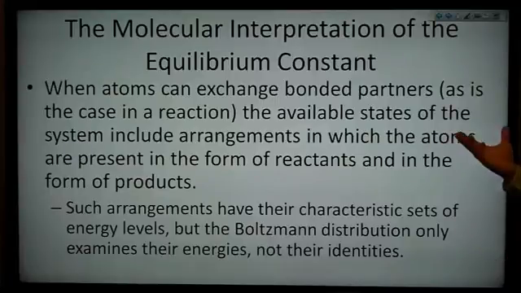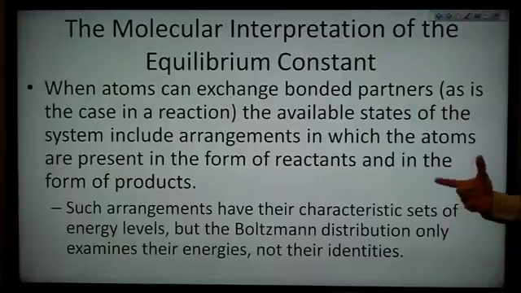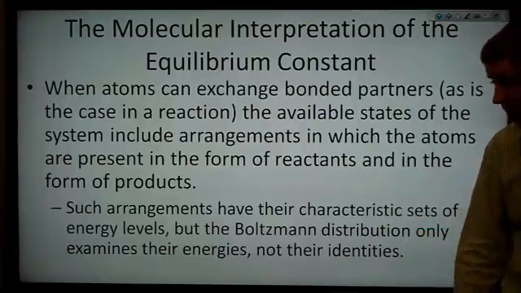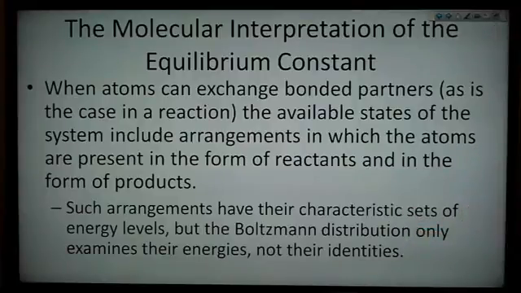So when atoms can exchange bonded partners, like in a reaction, our available states of our system include arrangements in which the atoms are present in the form of reactants and in the form of products. And this means that these arrangements have characteristic sets of energy levels, but our Boltzmann distribution only explains the energies, not the identities.